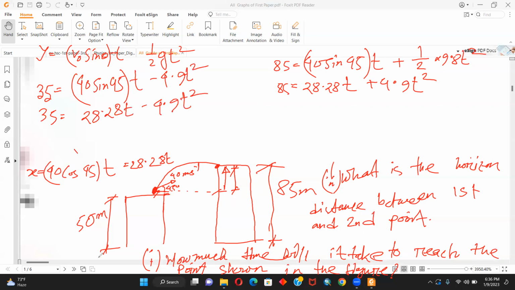So if we try to solve this, what will we get? It will be minus 4.9 t squared plus 28.28 t minus 35 equals 0. So let us calculate it. The calculator, mode equation. The value for a is minus 4.9, comparing with ax squared plus bx plus c in the calculator, b is 28.28 and c is minus 35.